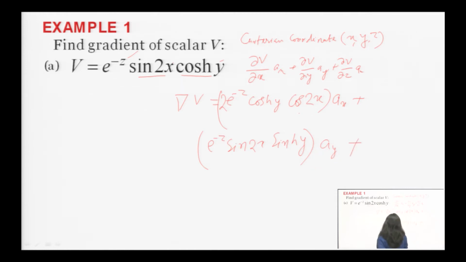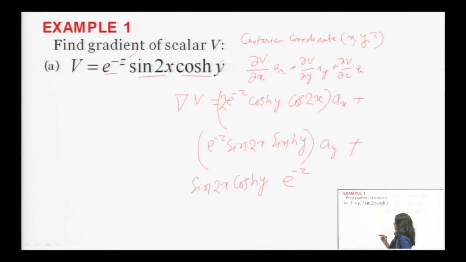Plus, now in the third term we need to differentiate this scalar V with respect to z. All the quantities except this will act as constant quantities. Here we have sin 2x and cosh y, so we will write sin 2x and cosh y as it is because they act as constants, and the differentiation of e to the power minus z will be e to the power minus z only.